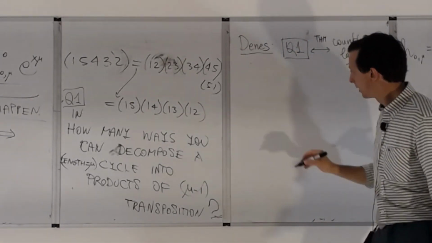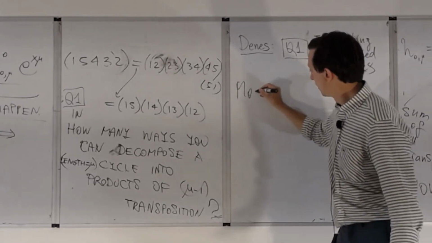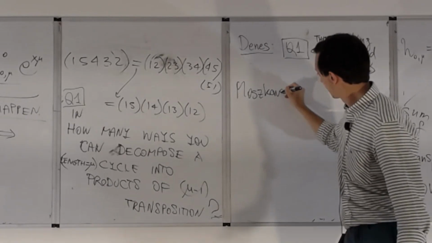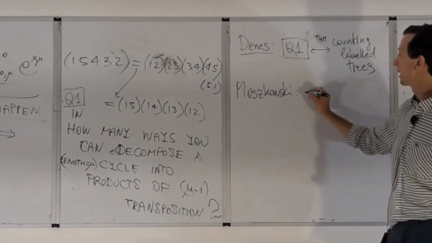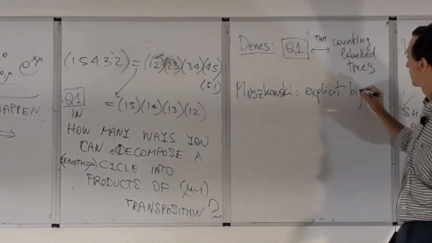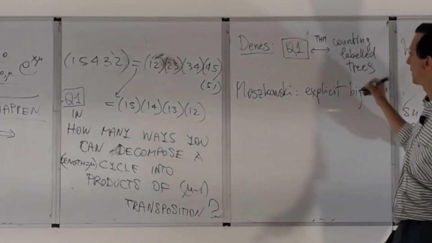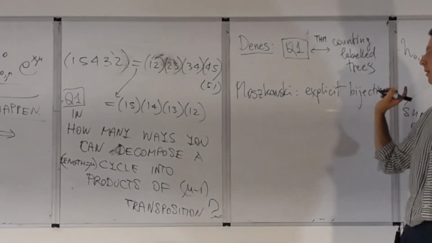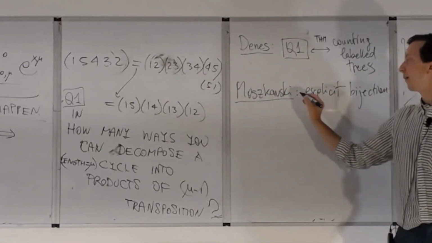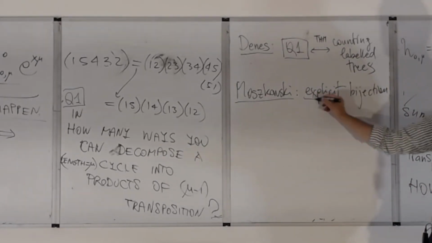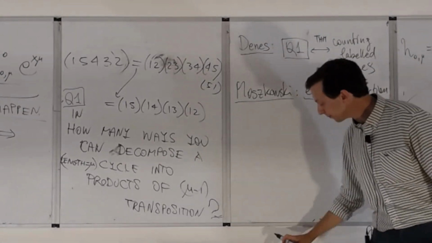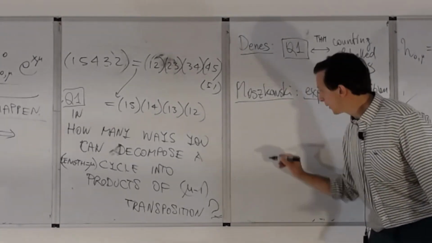And then Moskowski gives the explicit bijection. That's only proof that they are in the same number, which is basically what you need actually. So you can skip this theorem, but there is an explicit bijection, and then you have Cayley's formula.